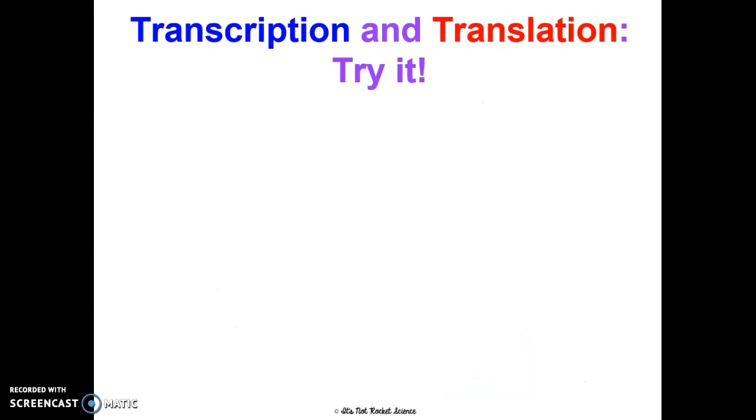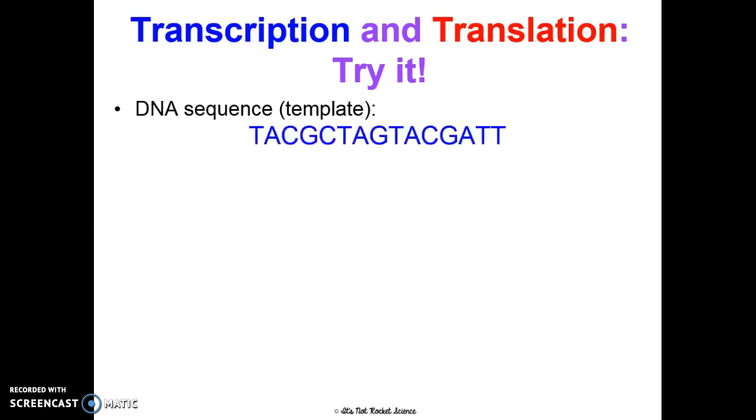All right. Similar to the last video, I want to see if we can take a DNA sequence and go all the way from DNA to a protein. So we're going to go through transcription, and we're going to go through translation. So here's our DNA sequence.